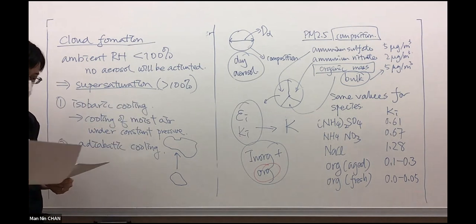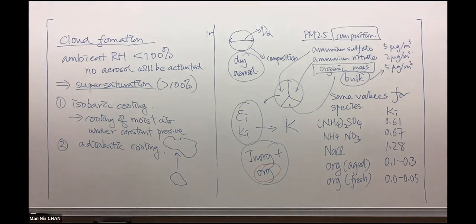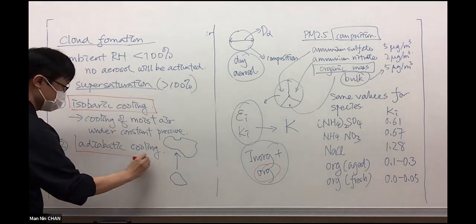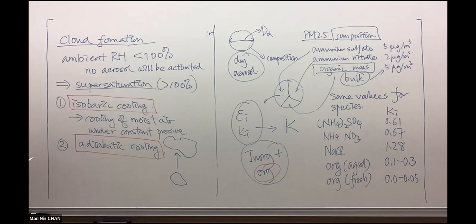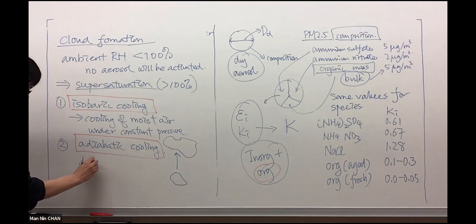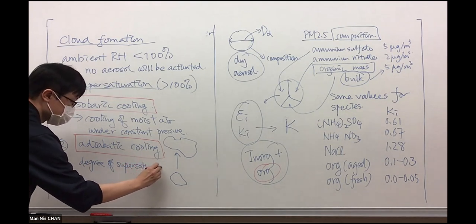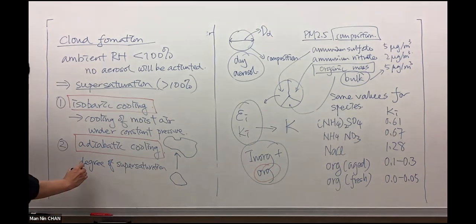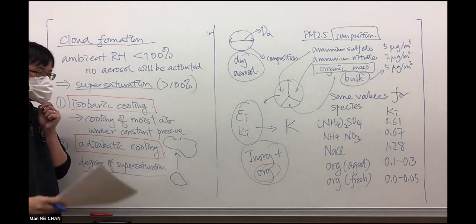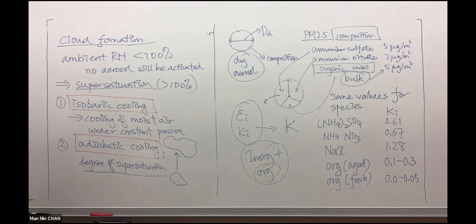So these are the two processes that can create supersaturation. I'm sure you have learned these in some of your courses, so I'm not going into the details. But what I want to remind you is the degree of supersaturation, how much we can go above 100%. Under typical ambient conditions in the troposphere, it is usually less than 2%.